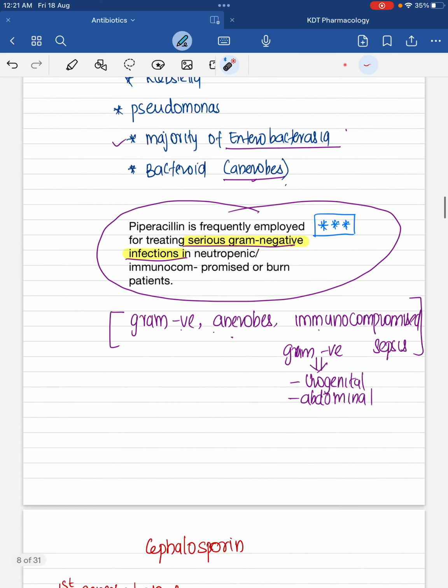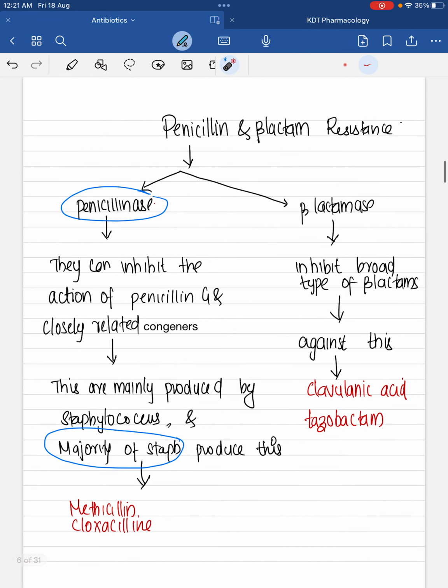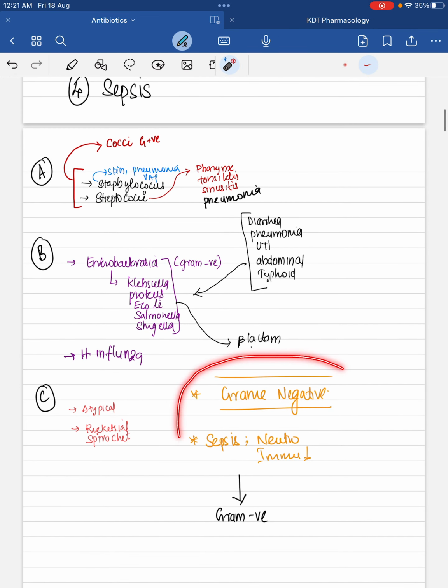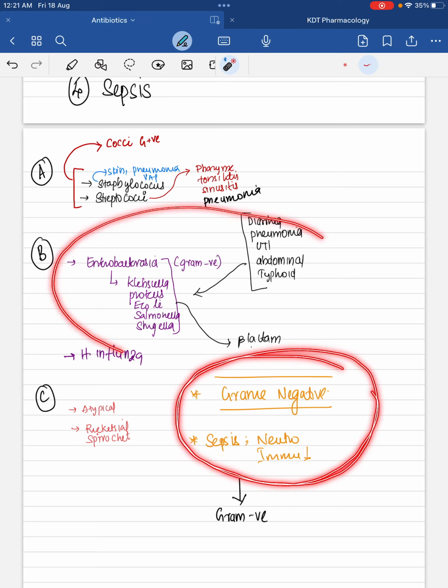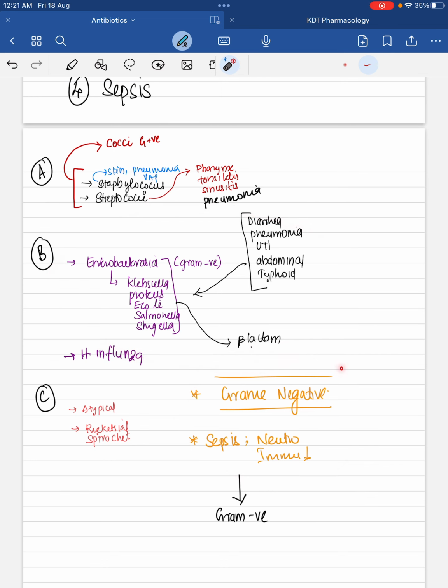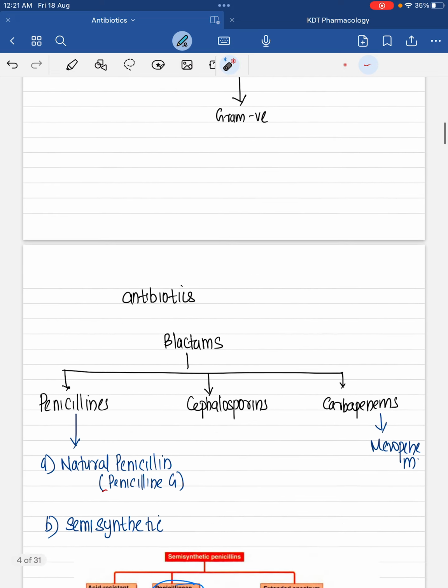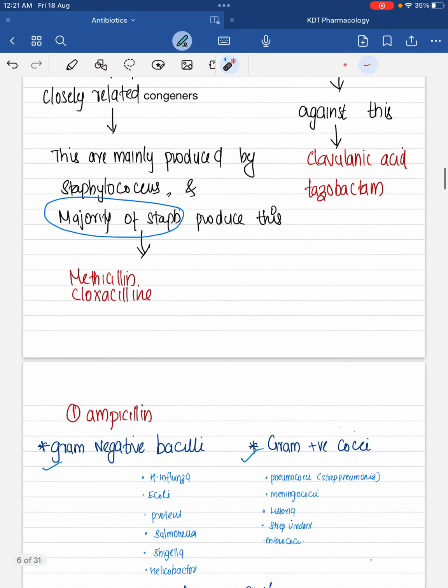And again I am rewinding this portion that I told you. In pediatric age group, gram negative is the main organism which causes disease. So an antibiotic which can cover the majority of gram negatives will be a good antibiotic, or a broad spectrum antibiotic.